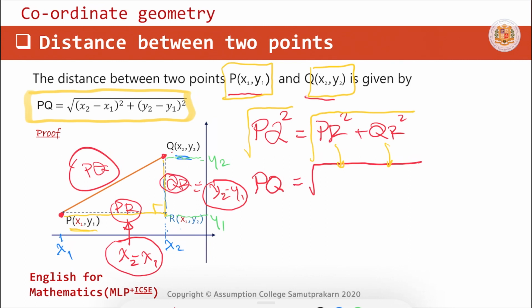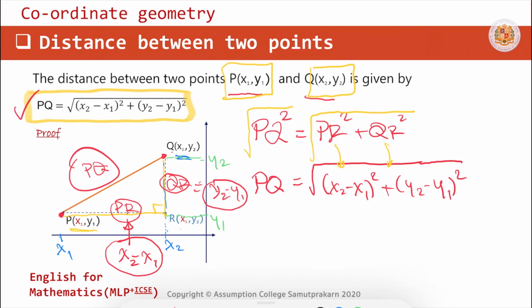So then we get x2 minus x1 squared plus y2 minus y1 squared, and that's supposed to be the proof of this formula.